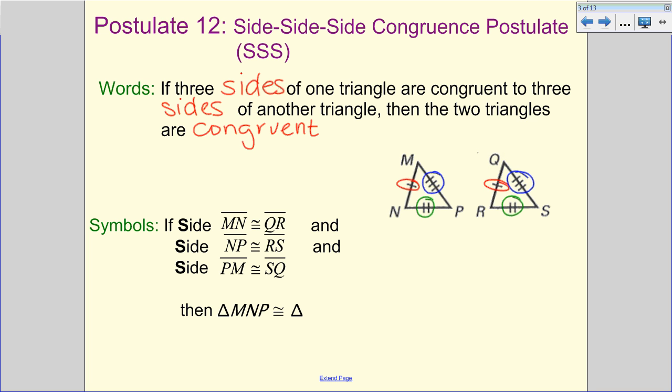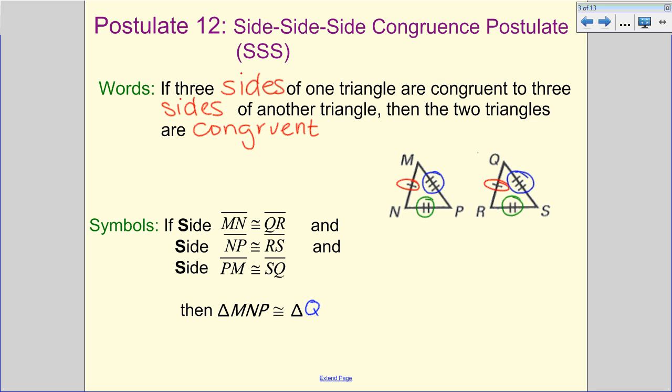We've got to go back to what we did in lesson 5.1 about naming congruent triangles with corresponding parts. If we look at M, it is the angle that's formed by my red and my blue, my 1 mark and my 3 mark. So I need to go over to my second triangle and look for which angle was formed by red and blue. Well, that's angle Q. So if M is listed first in the first triangle, Q has to be listed first in the second triangle. We then go to N. N was formed by the red and the green, the 1 and the 2.